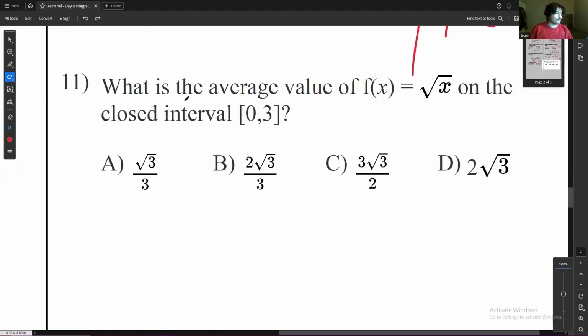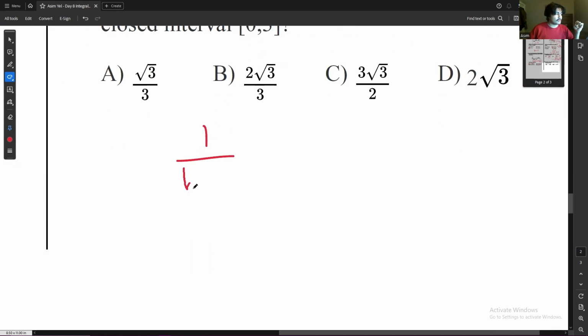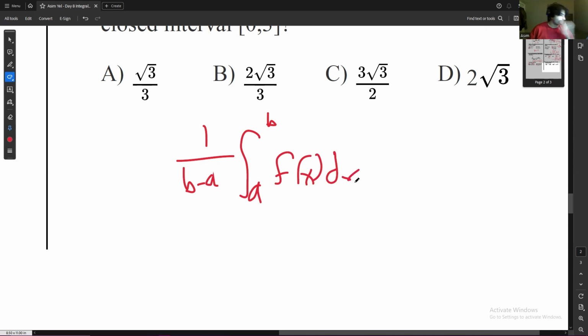Question number 11. What is the average value of f of x equals radical x on the closed interval 0 to 3? So guys, we're doing the same thing over here, since average value is equal to 1 over b minus a, integral from a to b of f of x dx.